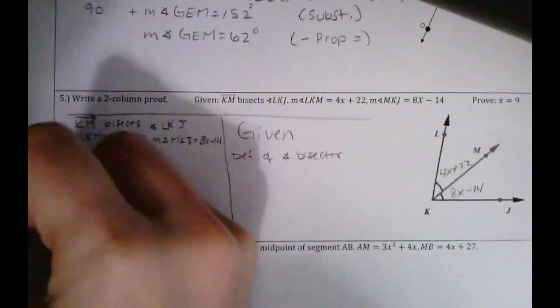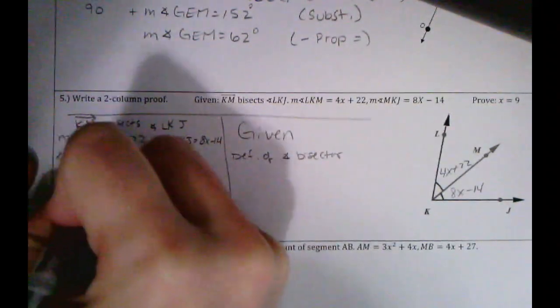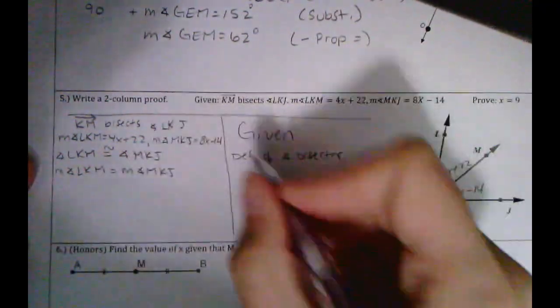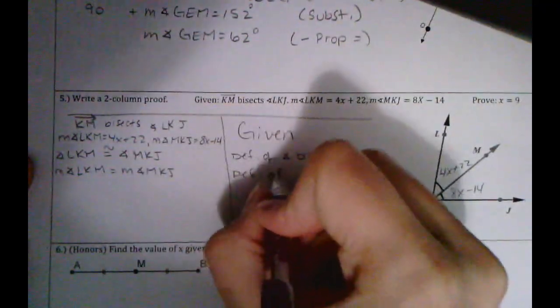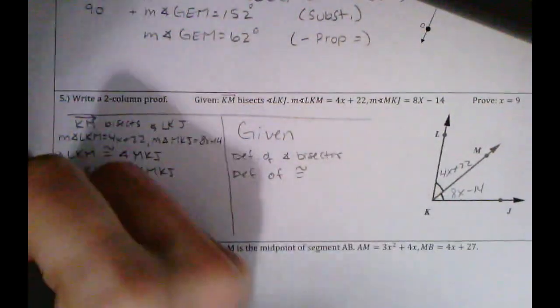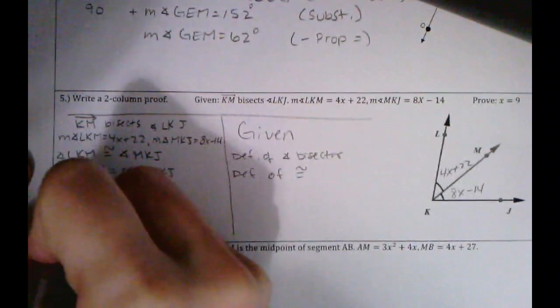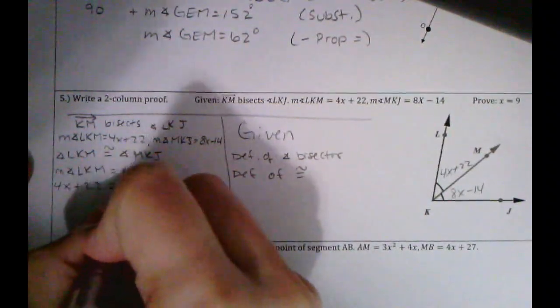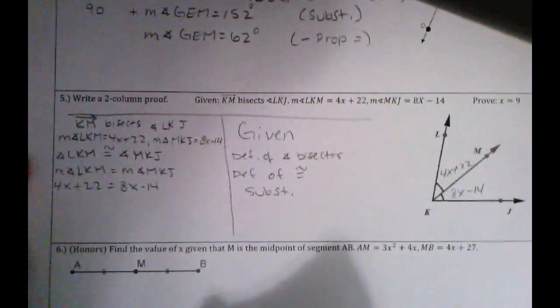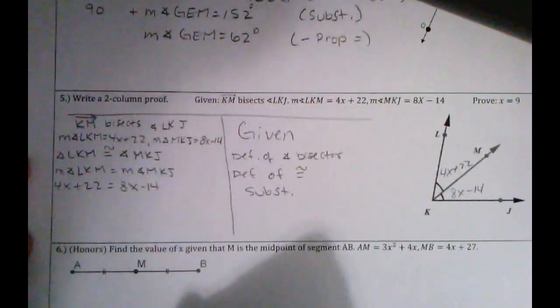This means that their measures are equal. That's the definition of congruence. Because their measures are equal, I can go ahead and substitute these expressions. That's substitution.